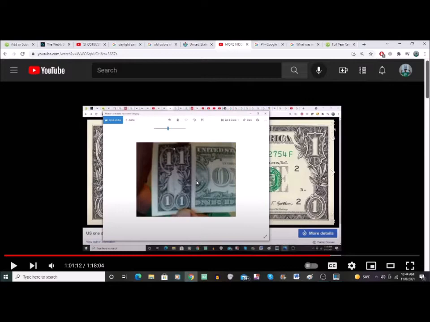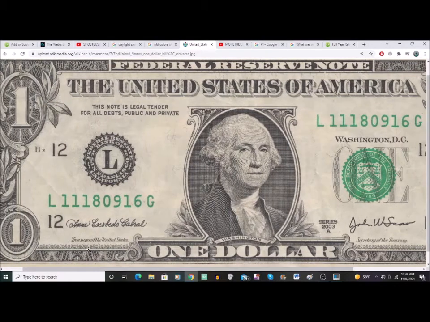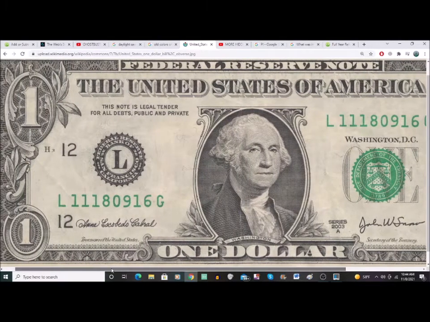So if you look at the $1 bill, and let's just look at a big picture of it. We've got a shield up in this corner, and we've got some sort of laurel leaf type stuff growing up around it here, and a thing that looks like an O with a curly tail.